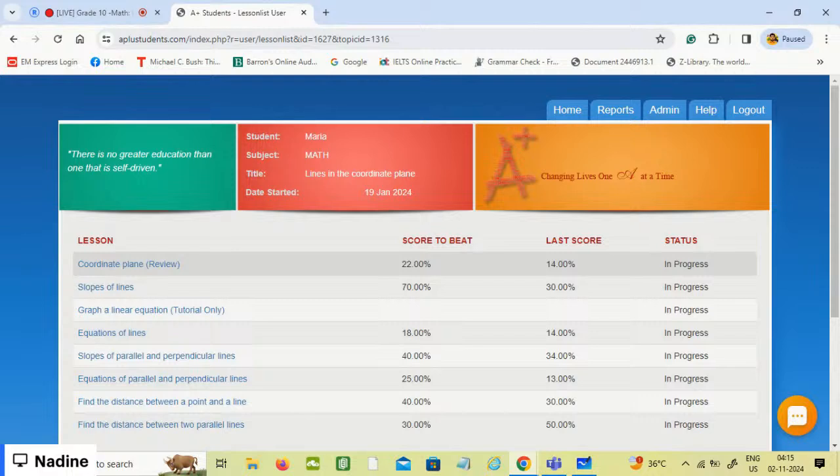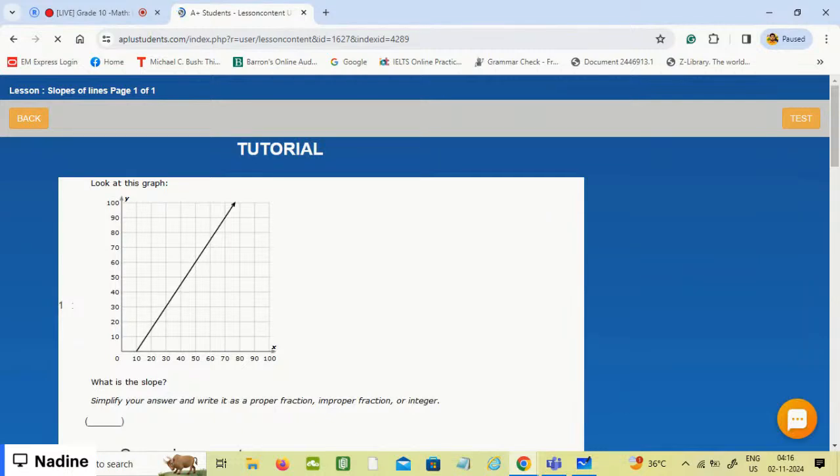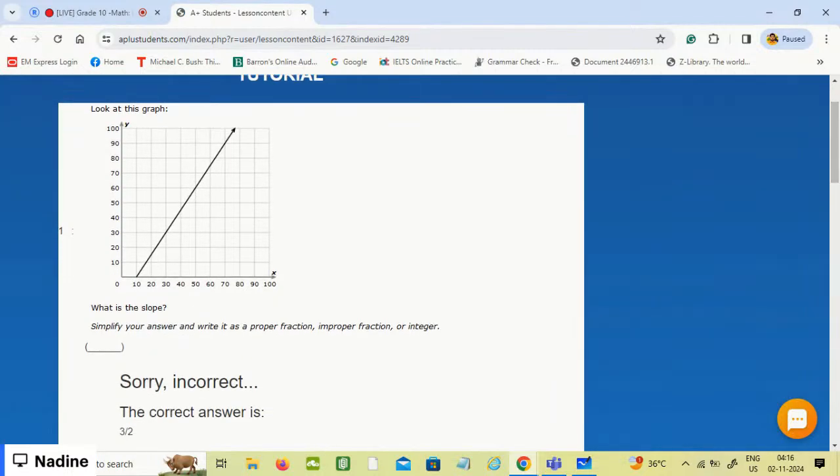Let's just start with the lesson. Look at this graph. What is the slope? So you have to calculate the slope.